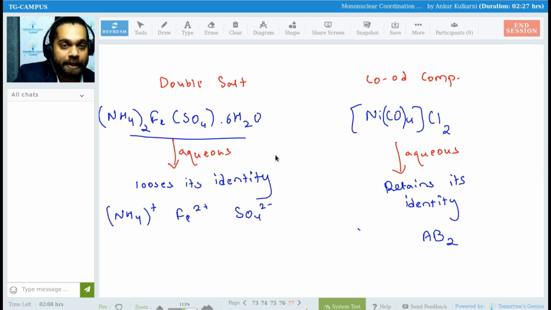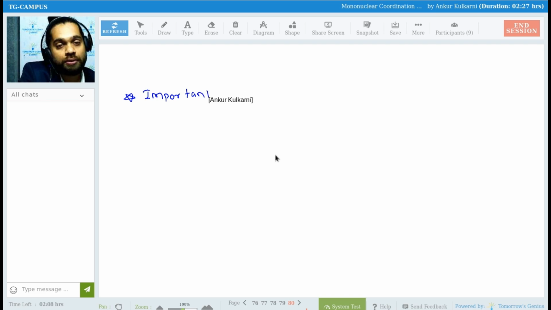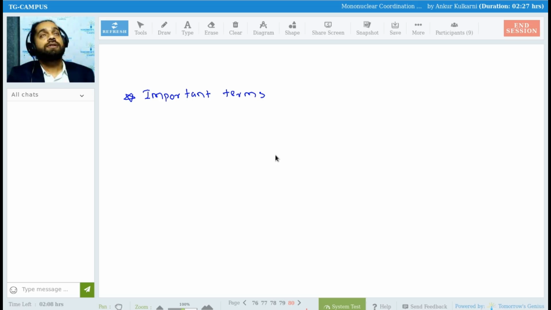Let us understand some common terms. Okay. Some important definitions. Important terms that we are going to use throughout the chapter. So we are going to use some terms like coordination entity.